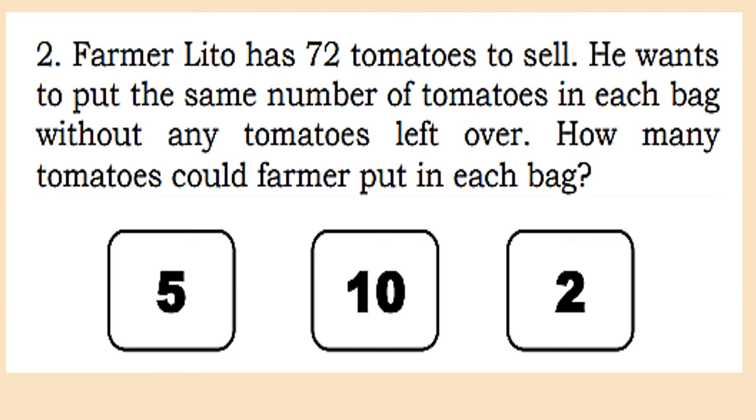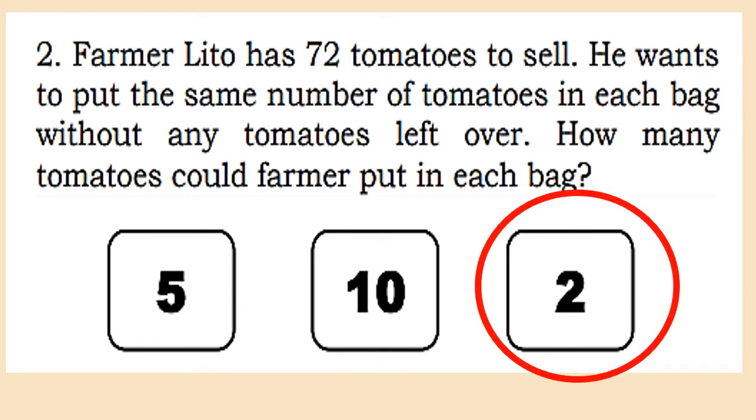So our number here is 72. Let's look at the last digit of 72, which is 2. Let's remember the divisibility rules. 2 is an even number, so it means 72 is divisible by 2. Okay, you're correct.